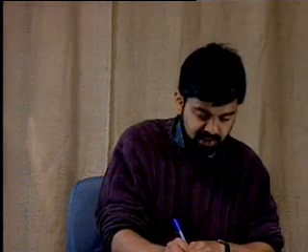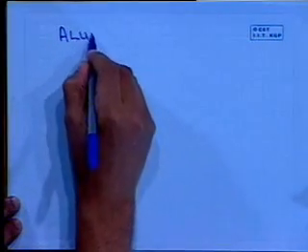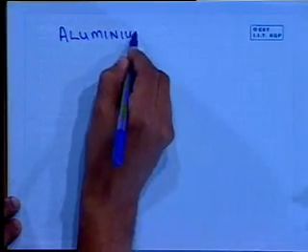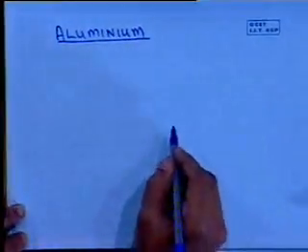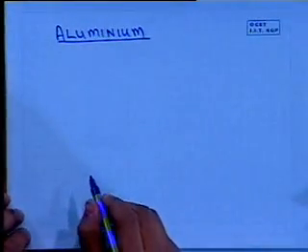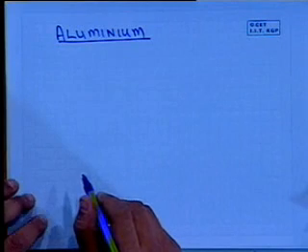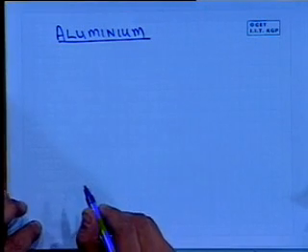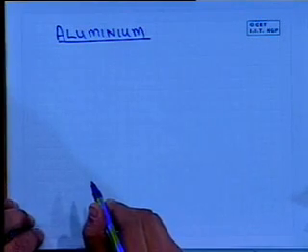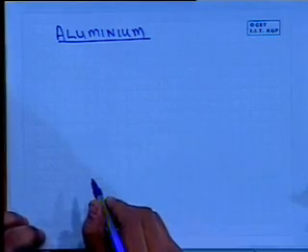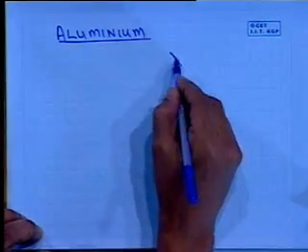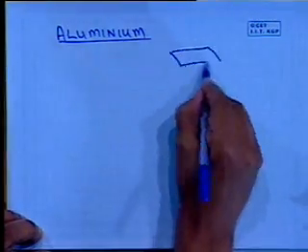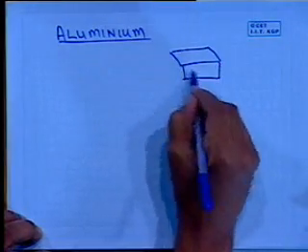So we are able to calculate activation energy. Let's take a practical example of aluminum. I want to know, at a given temperature, what the vacancy concentration is. The way to go about this is very simple. I make use of a block of aluminum that I can heat to various temperatures.